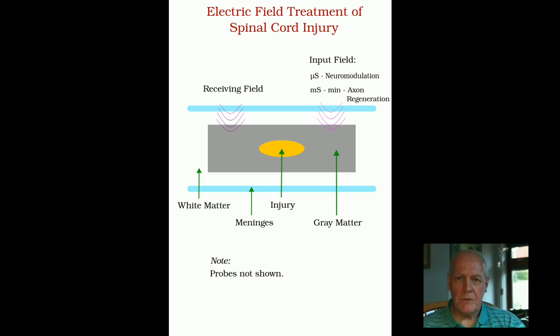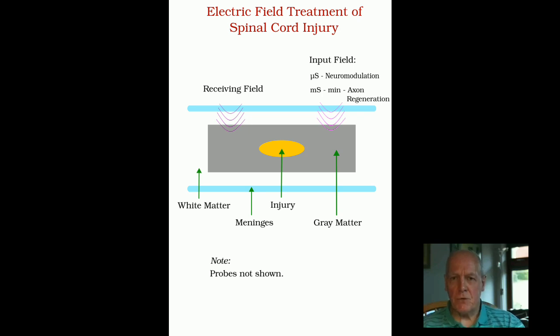It was found that these short pulses could bridge a gap in the spinal cord injury and carry a signal from the periphery of the body to the brain. In other words, there was a certain amount of sensory information that could be fed back to the brain.